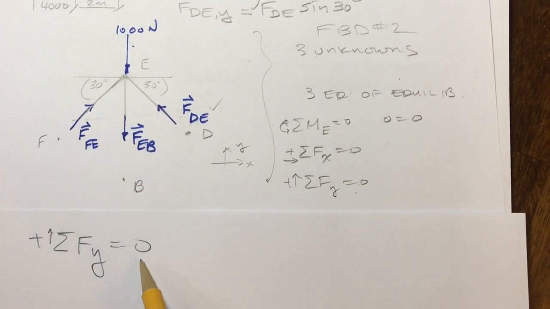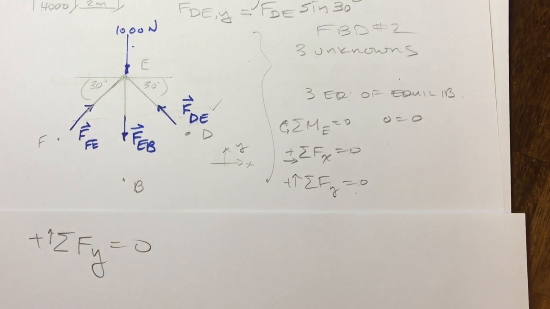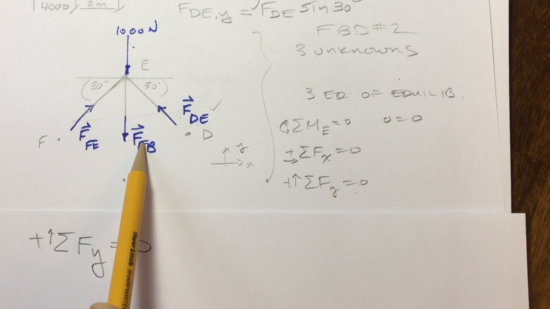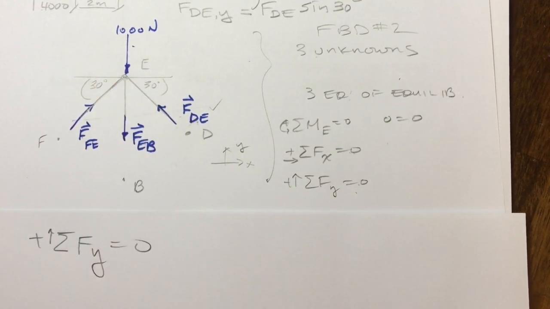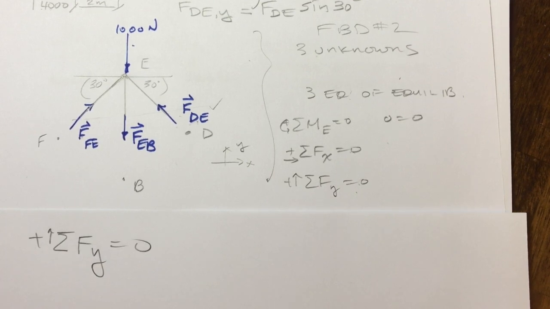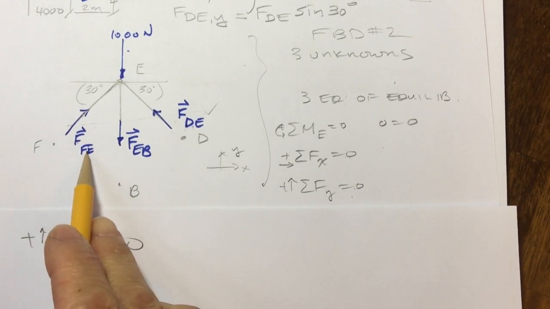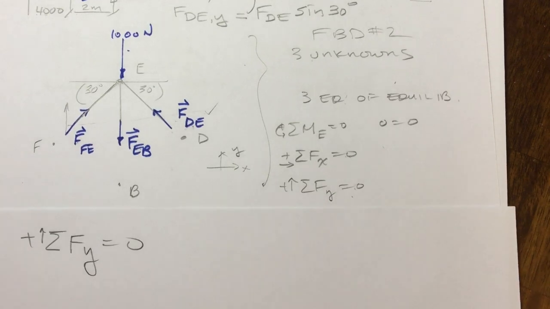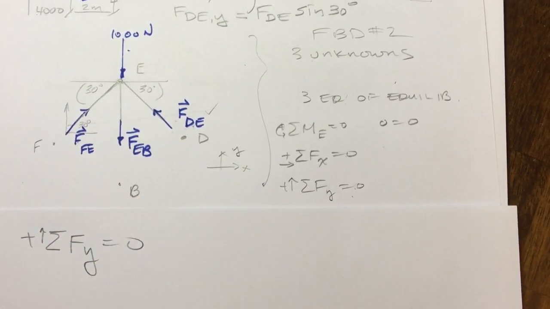So the sum of the forces in the y would yield the y component of this force plus this force plus the y component of that plus this 1,000 Newton going in the negative y direction. For this one, the y component is going upward, and that would be 30 degrees right there.